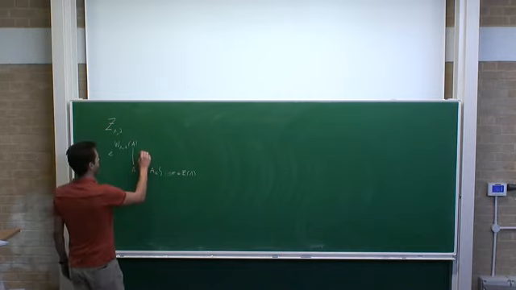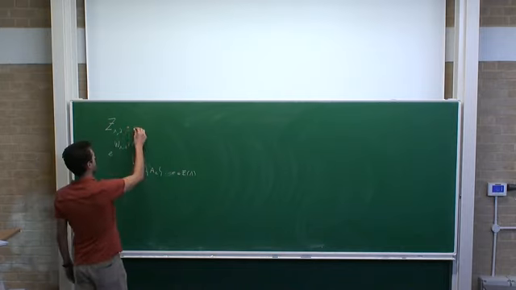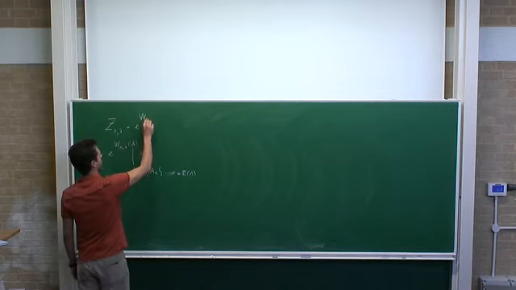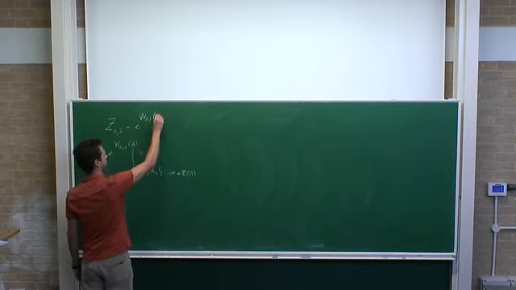This is just e to the W. When you set all the a's to 0, you just get the partition function.